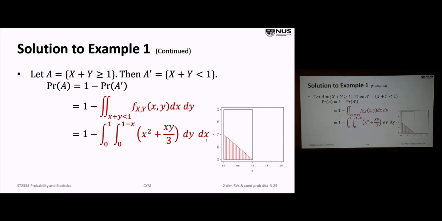Note that you could do this integral with respect to x and then with respect to y if you like. If you want to do x then y, you draw a line parallel to the x-axis, pointing from left to right as you look at it. So x goes between 0 and 1 minus y, and then y goes between 0 and 1.